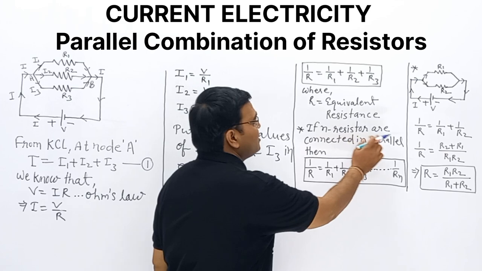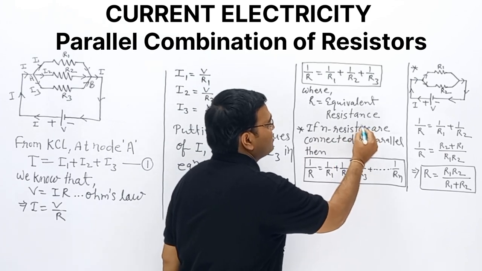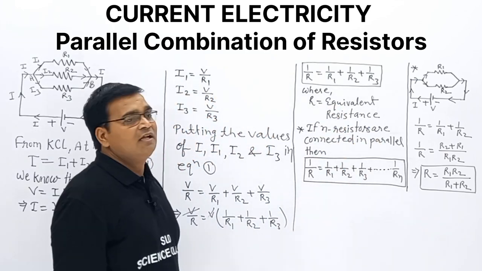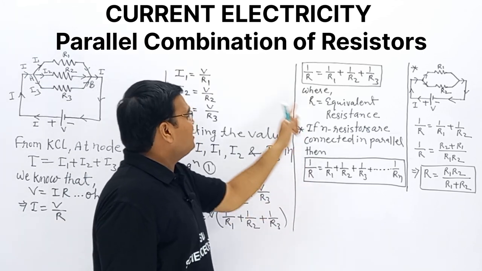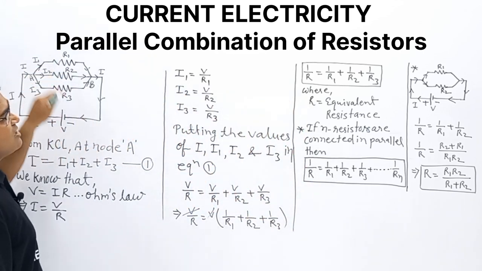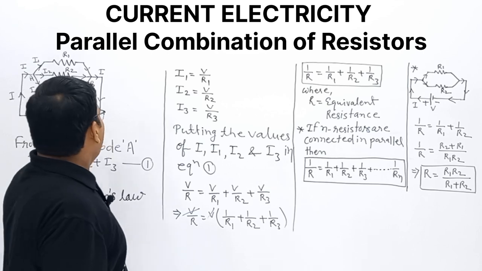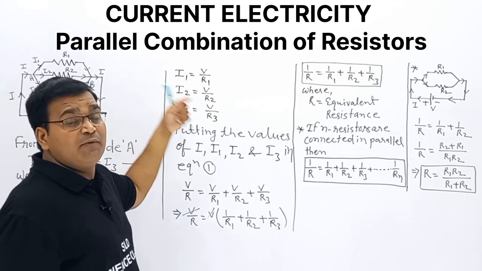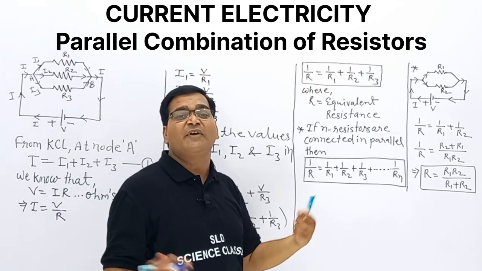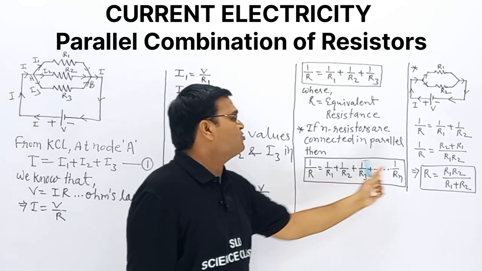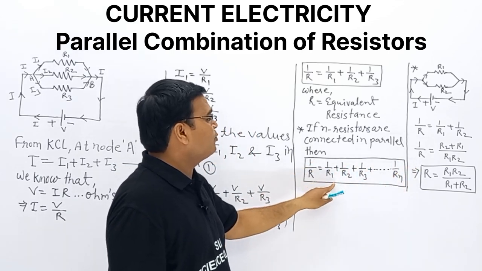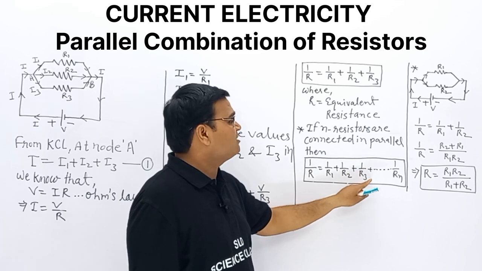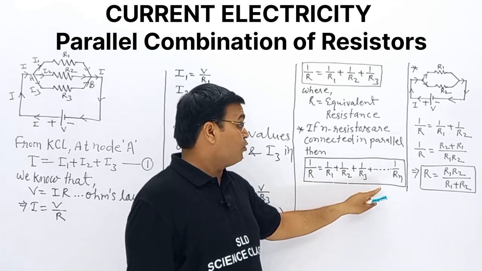If n resistors are connected in parallel, what will be the equivalent resistance? Here we have three resistors in parallel, but if we have more, like 4, 5, 10, or n resistors connected in parallel, then 1 upon R equals 1 upon R1 plus 1 upon R2 plus 1 upon R3 plus 1 upon R4 and so on.